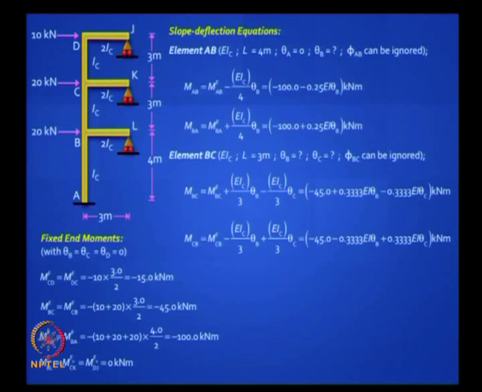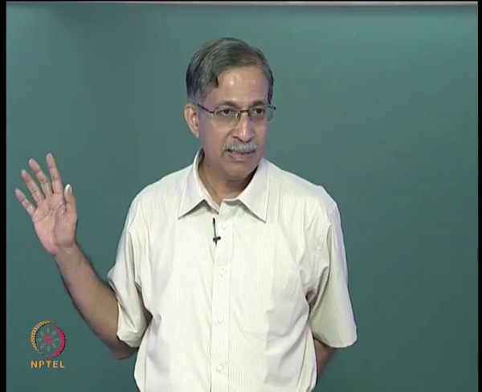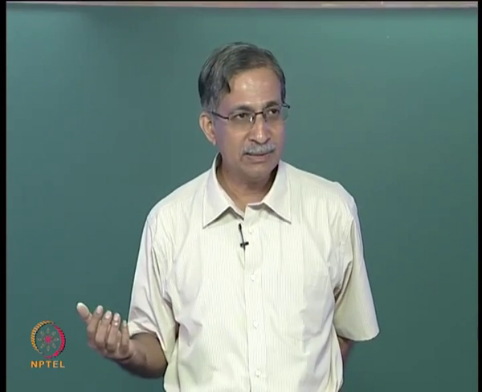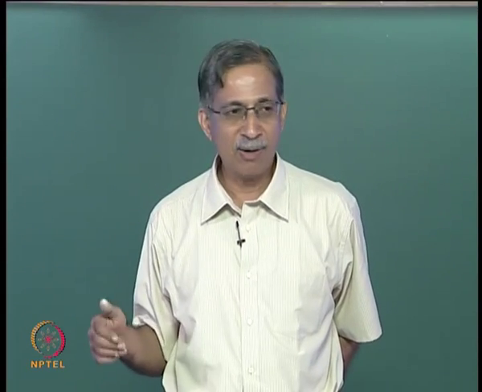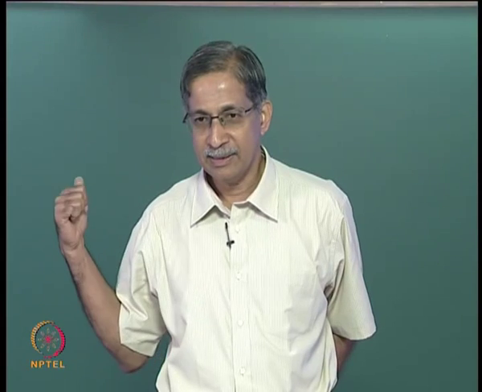So for BC, you will get a positive contribution from theta B and a negative contribution from theta C. And for CB, you will get a positive contribution from theta C and a negative contribution from theta B for the reasons explained there. Is it clear? Positive meaning clockwise, negative meaning anti-clockwise or counterclockwise. Is it clear? Now it is easy.